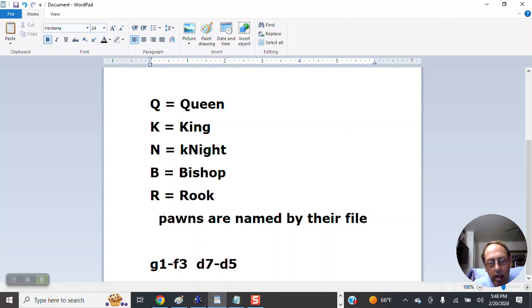Now, if you wanted to be sure to make it easy to know what piece moved, you could precede this with a capital letter. For instance, white's first move here might have been knight G1 to F3. When you have a pawn move, you don't need to put a capital P. This adds nothing.